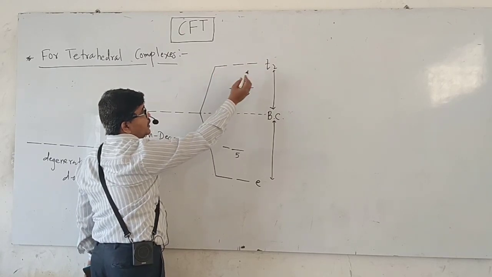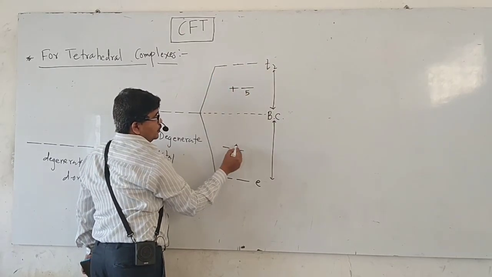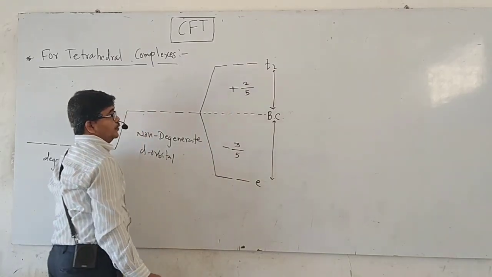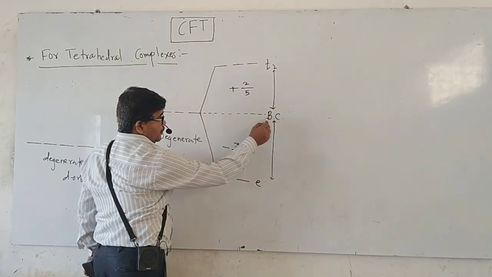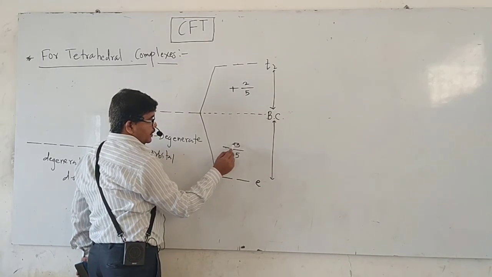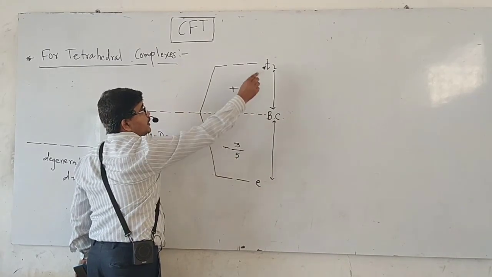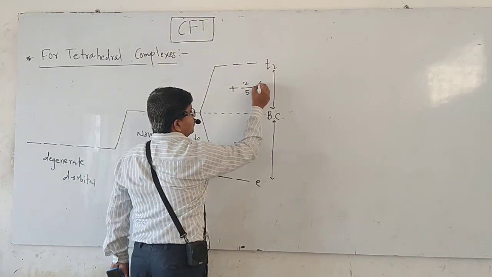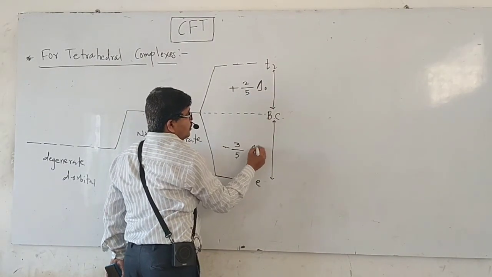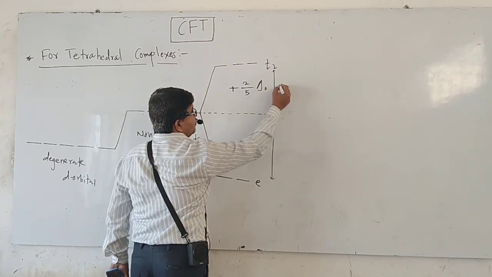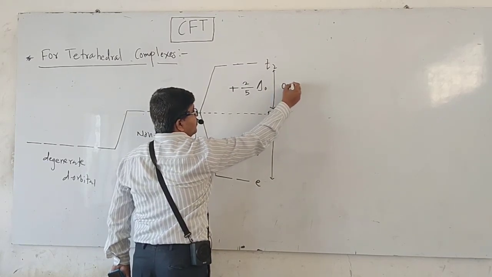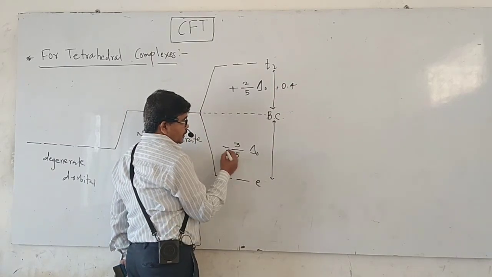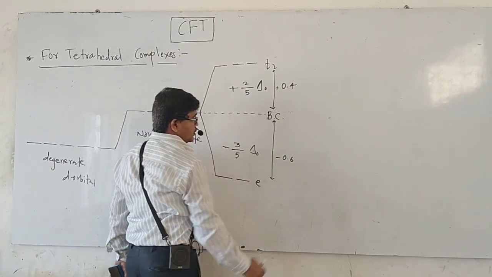How many orbitals are there in T2? 1, 2, 3. So here I will write 3. And here, how many are there? 2. So I will write 2. So the difference between BC and E is minus 3 by 5 and BC and T2 is plus 2 by 5. Plus 2 by 5, if you calculate this, will be plus 0.4, and this will be minus 0.6.